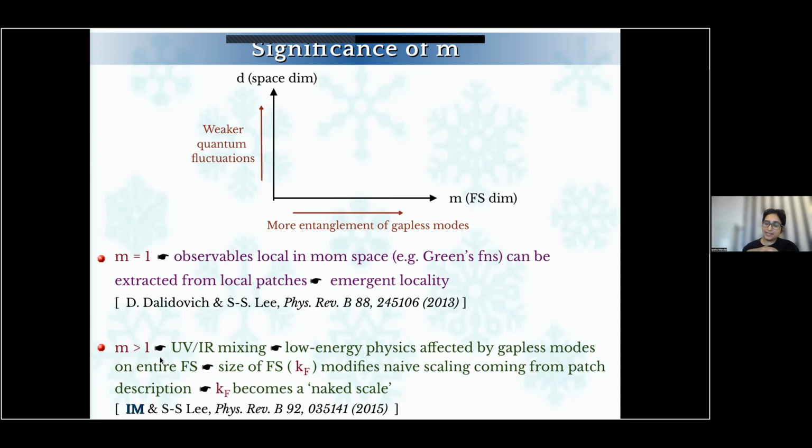And extending over the entire Fermi surface means that is the ultraviolet physics. This gives rise to the mixing, leading to the fact that the size of the Fermi surface, kf, modifies the scaling which you would have obtained by just focusing on local patches. So somehow kf becomes a naked scale because it shows up in various physical properties.